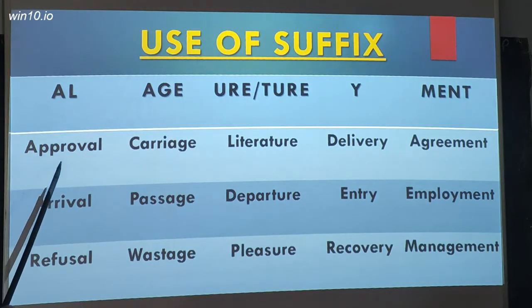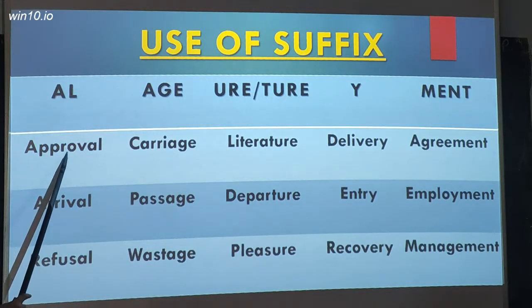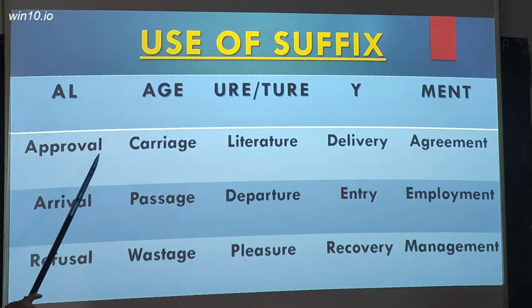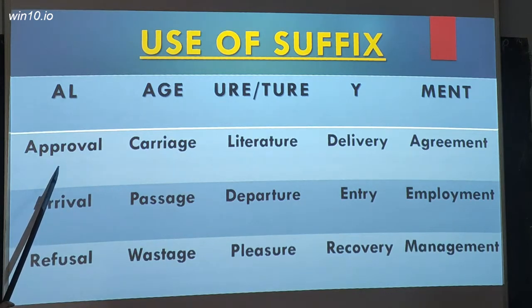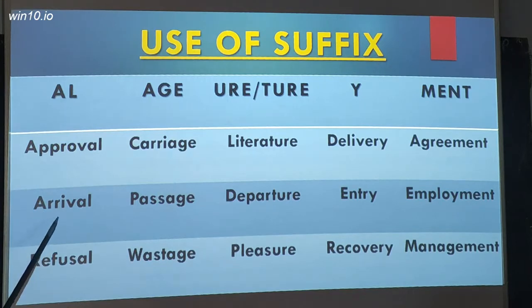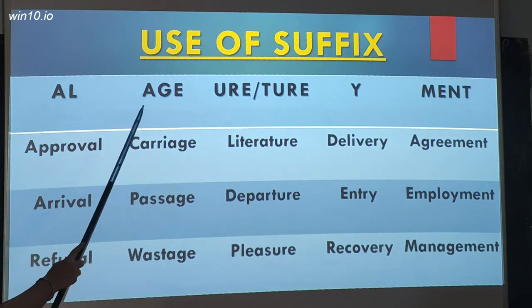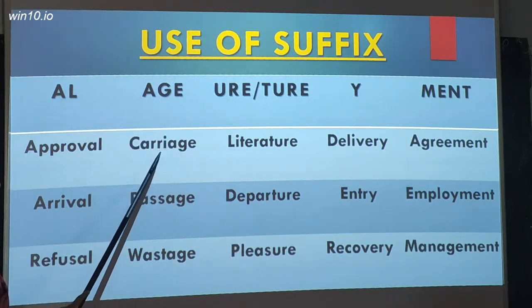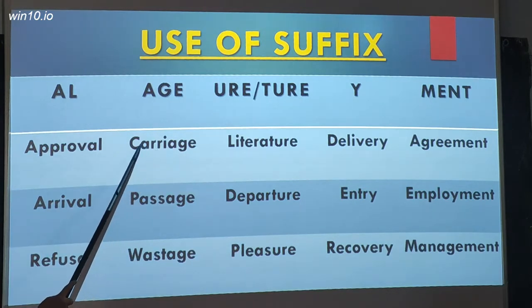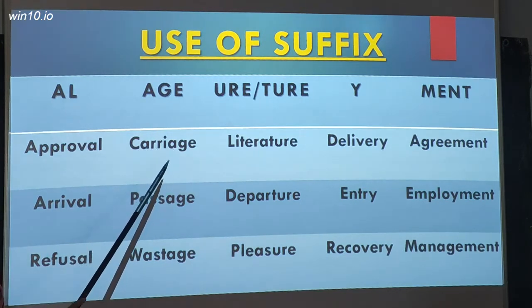These are the examples of al. Approval. Now, approve is a root word, and we put al after the primary word. Now the new word before us is approval. Arrival, refusal. Carriage, age. We have a word carry, and we put age after the primary word carry, and the new word before us is carriage.